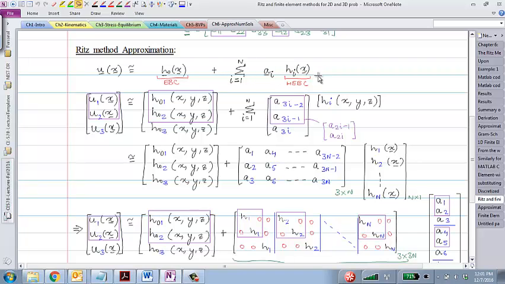This is exactly the same formula that we had for the 1D problem, right? Except now, each one of those things is a vector. H0 is not just one function. H0 is H0x component, H0y component, H0z component.